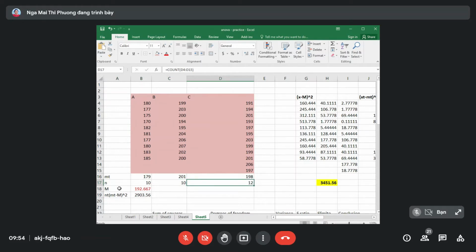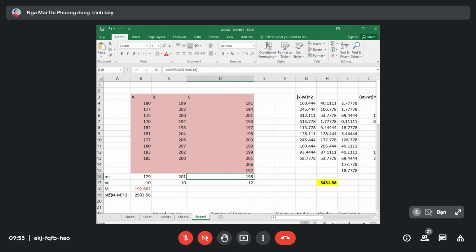You calculate the mean, the big M. It is the average of all the data sets. So it's 192.667. Okay. Now you calculate the NT. This is NT, the same as in the equation for the variance of treatment.